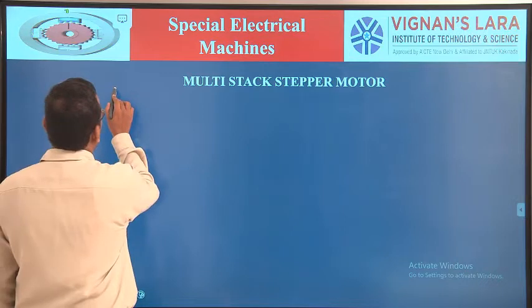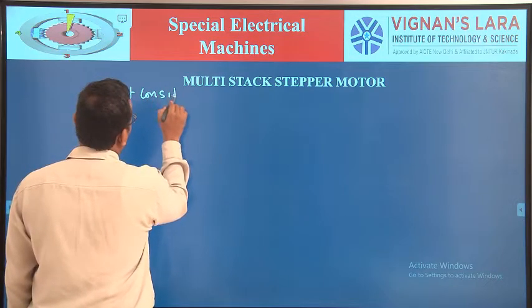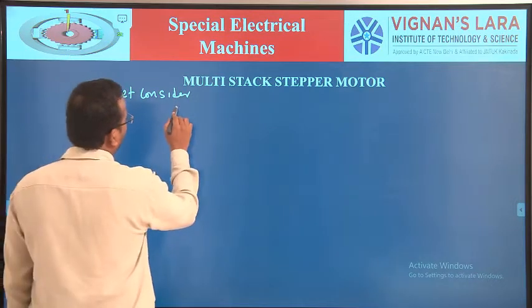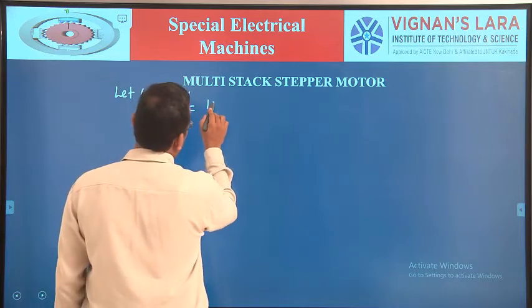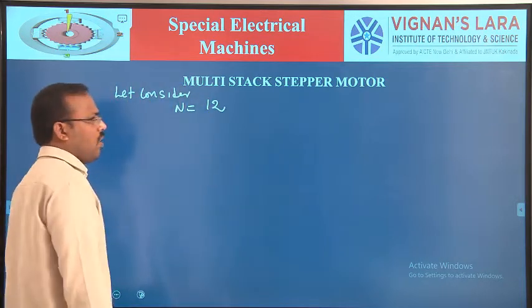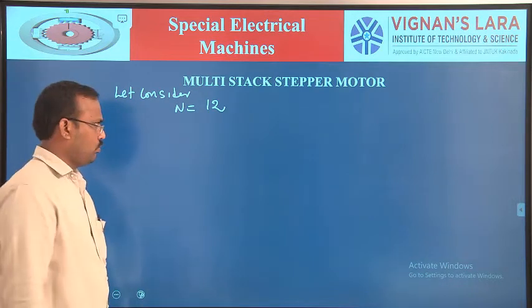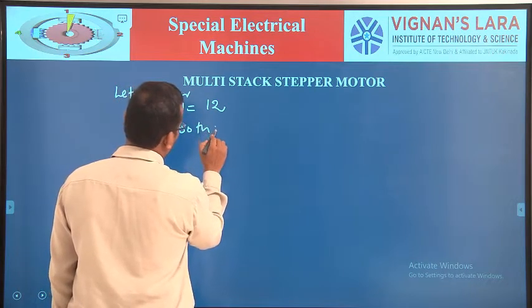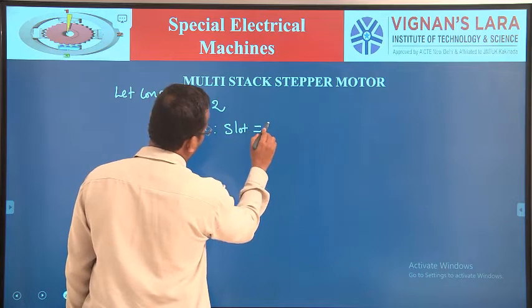So let's consider n equal to 12. Tooth slot ratio is equal to 2:1.